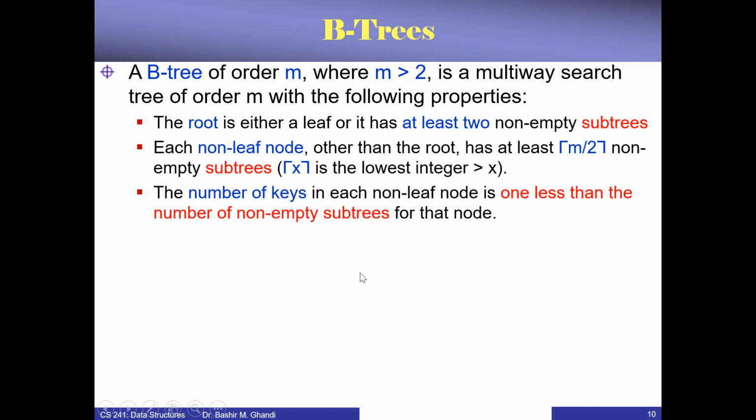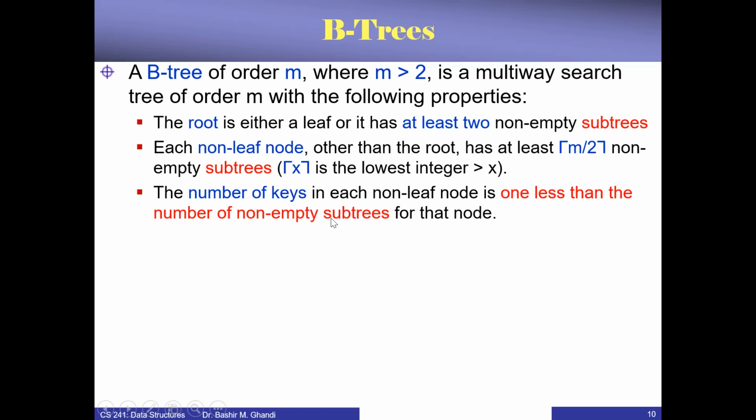Okay. Next is that the number of keys in each non-leaf node is 1 less than the number of non-empty subtrees for that node. We saw in multiway tree that you can have 10 keys but still only 1 subtree. Now in B tree that is not allowed.